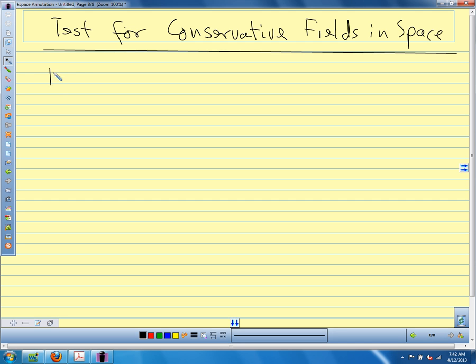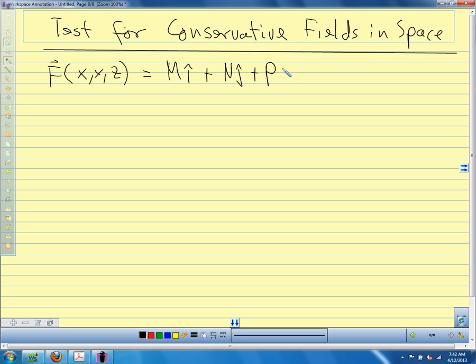So our vector field F, and we're in space now, x, y, z, and we're using our same notation, is conservative if and only if.